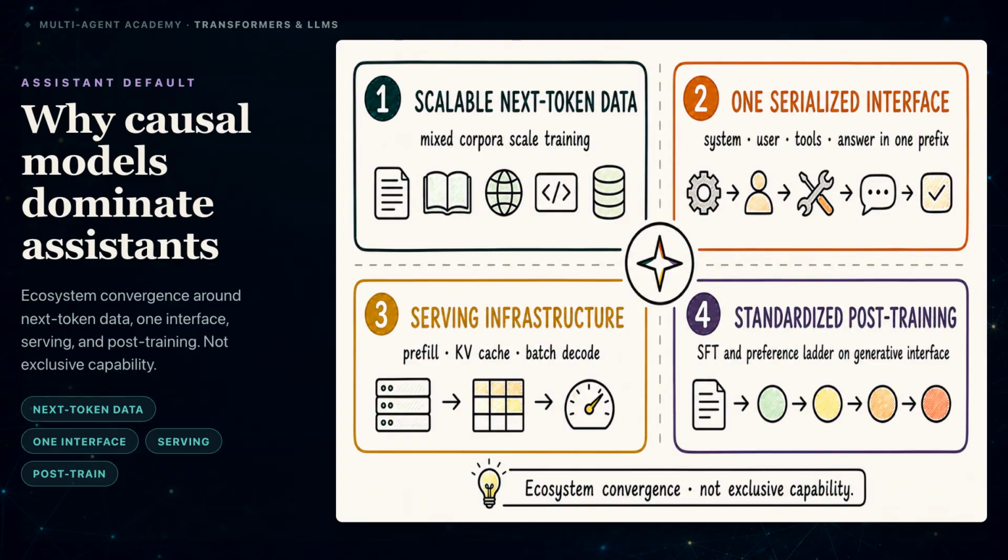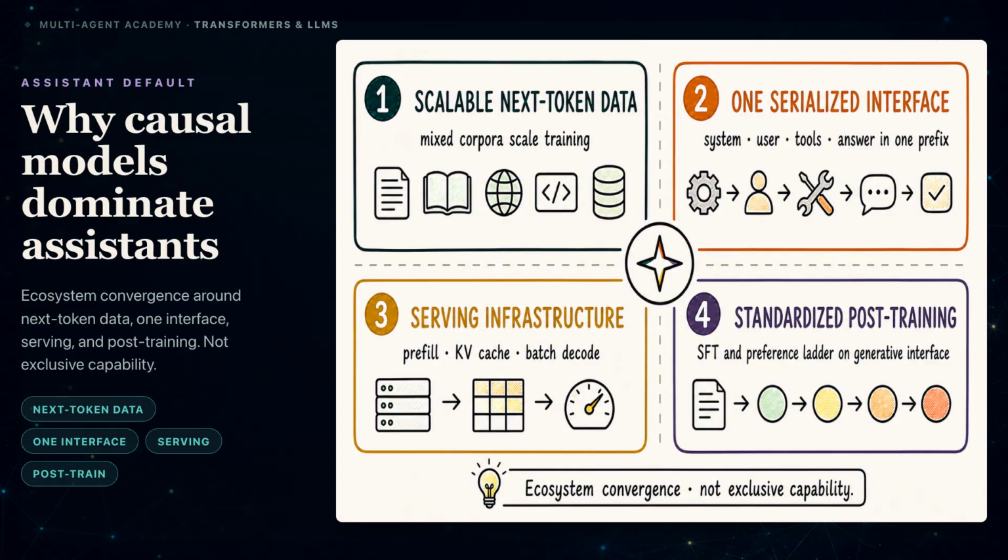Why did causal language models become the default for assistants? Not because only this design can do the job. The industry standardized around it. Next token training scales across large and diverse data. System messages, user turns, retrieved passages, tool calls, tool results, and answers can all share one serialized input style.